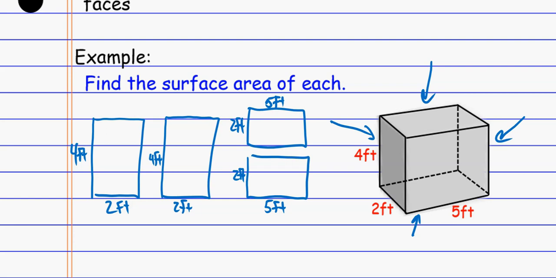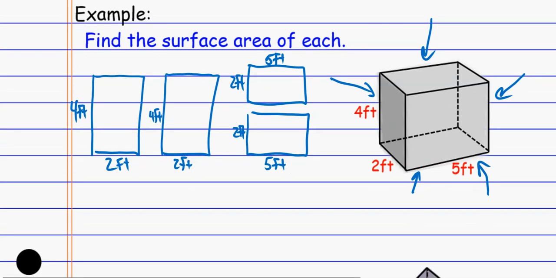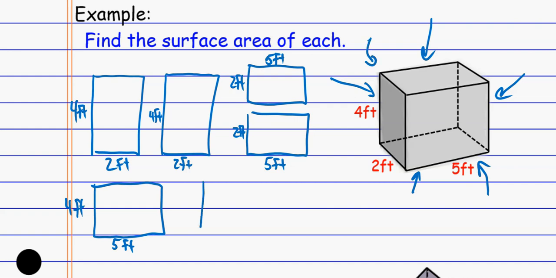And then the front and the back of this thing, if I were to draw the front of this guy, that would be a 4 foot by 5 foot rectangle. Sorry, that got a little sloppy. And then, of course, the back of this thing back here would also be a rectangle that's 4 feet by 5 feet.